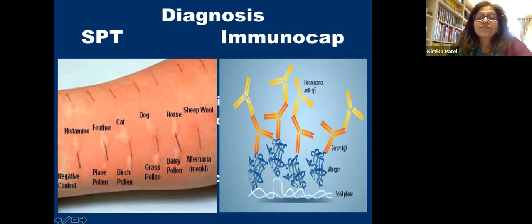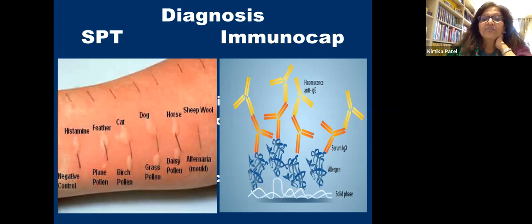We also have ImmunoCap, which is an ELISA-based test, but this is quite expensive, because with the skin prick test you can do at least 20 or 30 at one time. Once you see that you are allergic to something, you can cross-check with ImmunoCap. But we cannot do ImmunoCap for each and every allergen. It becomes too expensive for our patients here.